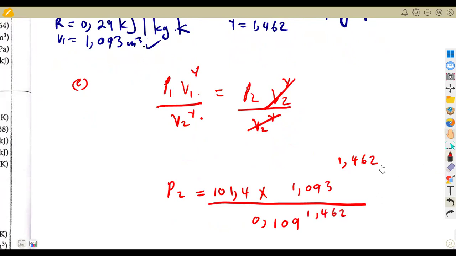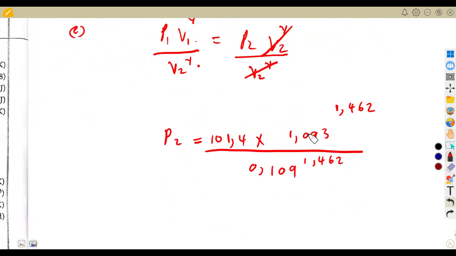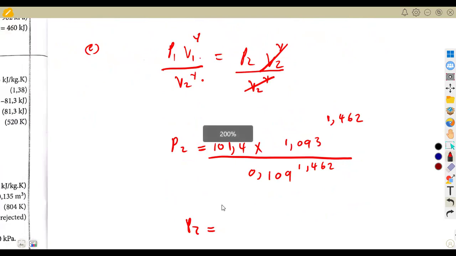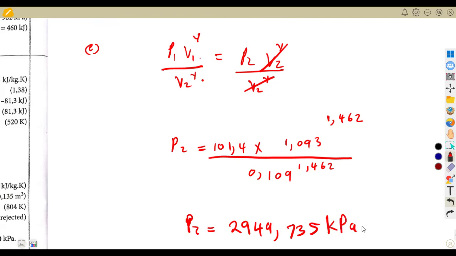So yes, we can combine whatever you want there. The point is that as long as we have manipulated the formula for P2, we can determine the value of P2. Remember, the pressure is increasing under a compression. So that gives us 2,949,735 kilopascal.